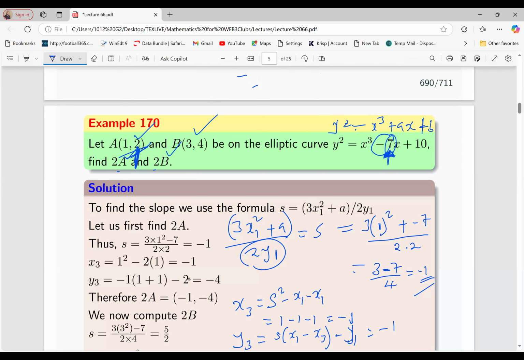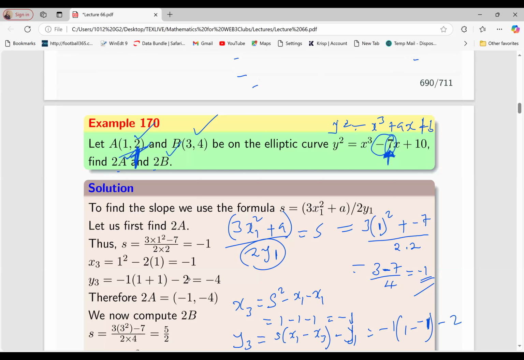The gradient is -1. x1 is 1. x3, just obtained, is -1. Then minus y1, which is 2. So the bracket gives us 2. 2 times -1 would be -2.